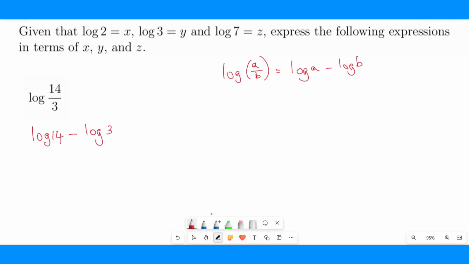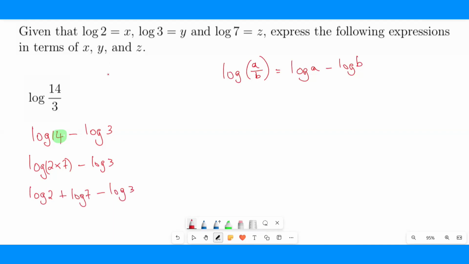Okay. And then now the log of 14 can be represented, because we don't have 14 in what we got up there, as log 2 times 7 minus log 3. Now, with this said, we are able to split this. This is log 2 plus log 7 minus log 3.